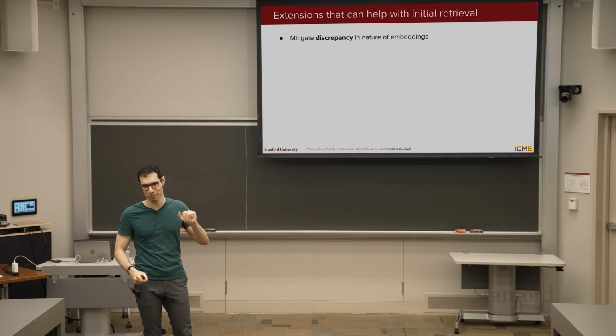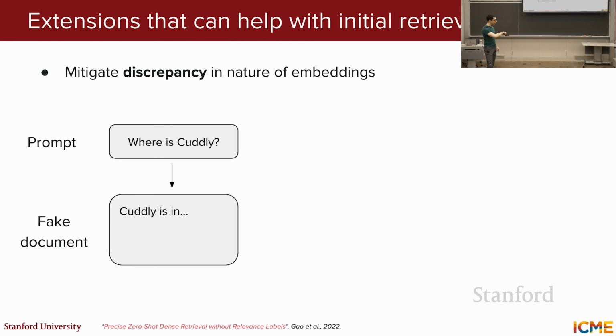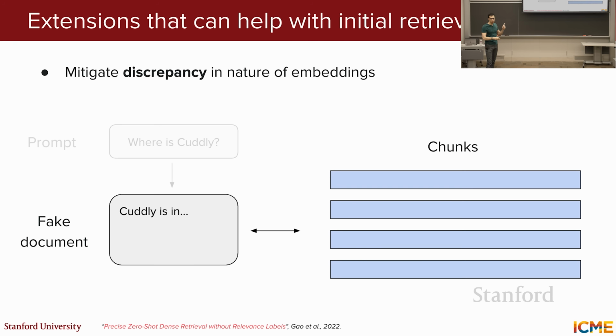It's called HyDE. Instead of computing the embedding related to the prompt, it will first generate a fake document. It's just an LLM call, a fake document based on that prompt, and then embed that fake document to find relevant chunks.